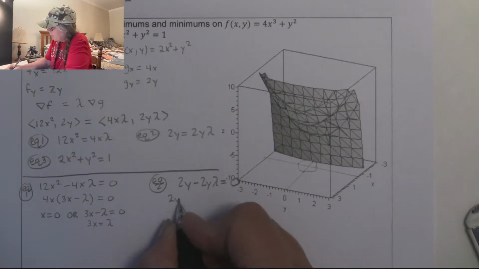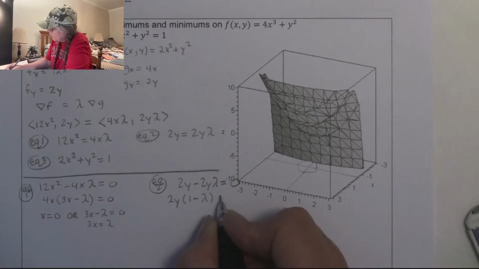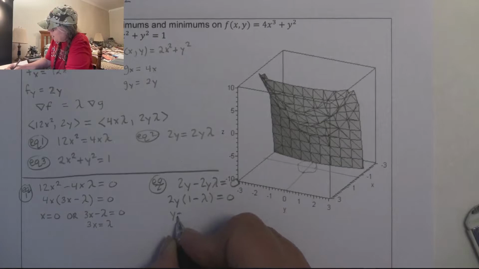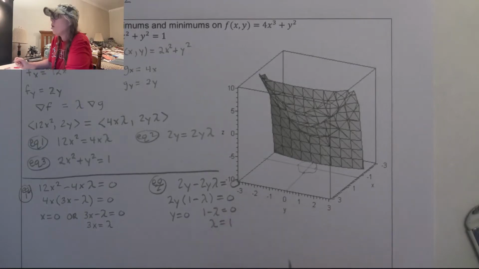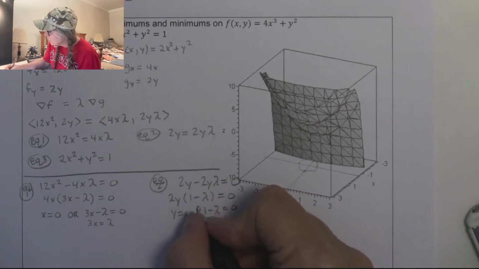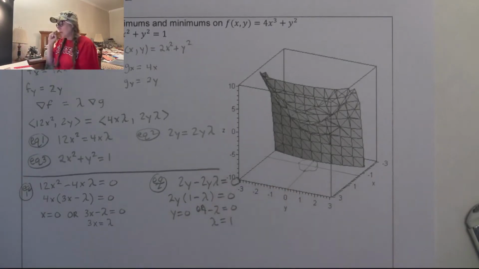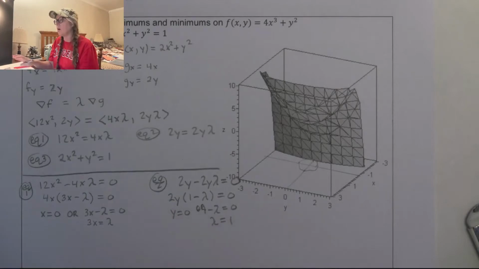Factoring out a 2y gives me 1 minus lambda equals 0, so that either y is 0 or 1 minus lambda is equal to 0, which means that lambda is equal to 1. Is that okay? And that's or. This is true or that is true. You have to make something that's true for all 3 of them, and there could be more than one thing that is true, but y doesn't have to be 0 and lambda 1 at the same time.